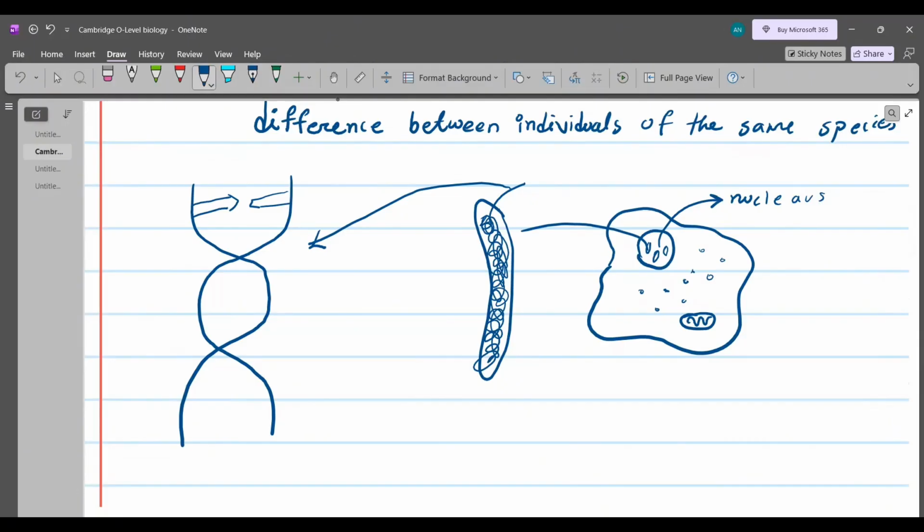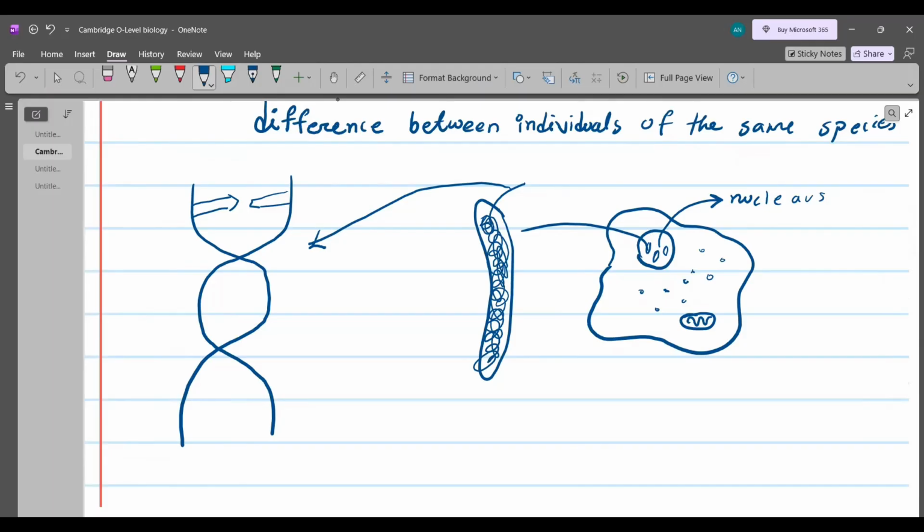The phosphate and sugar are the same in all nucleotides, but the base differs. There are four bases: A, T, G, and C. You don't need to know the full forms, but they are adenine, thymine, guanine, and cytosine.